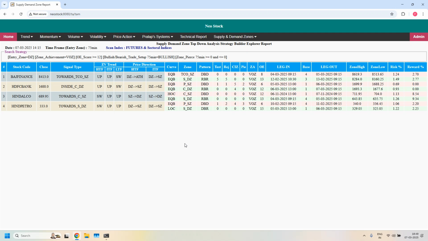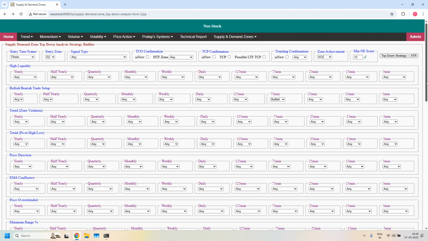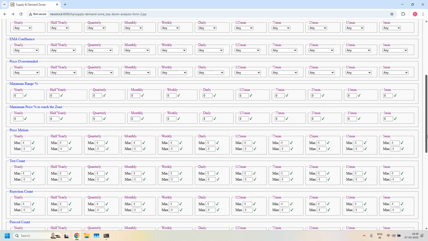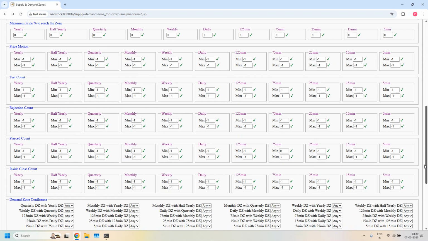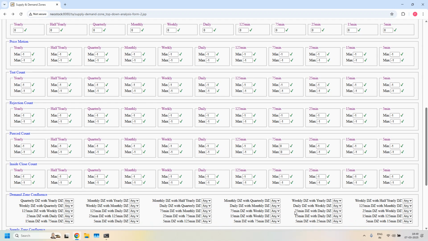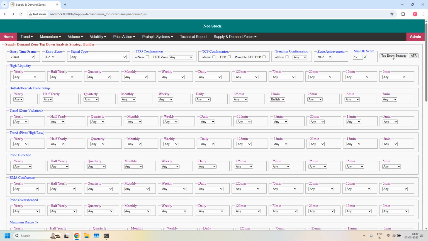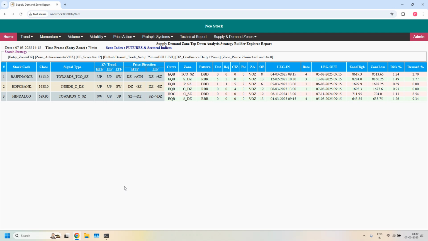First filter is LTF, ITF demand zone confluence. LTF is 75 minutes, ITF is daily. So in the demand zone confluence, I am selecting 75 minutes demand zone confluence with daily demand zone. So I selected that filter. With this filter, out of 4, we got 3 stocks.